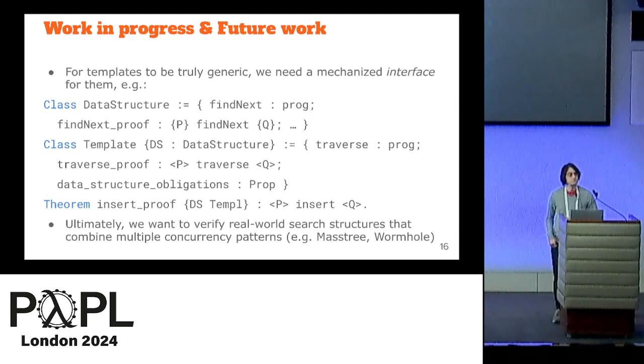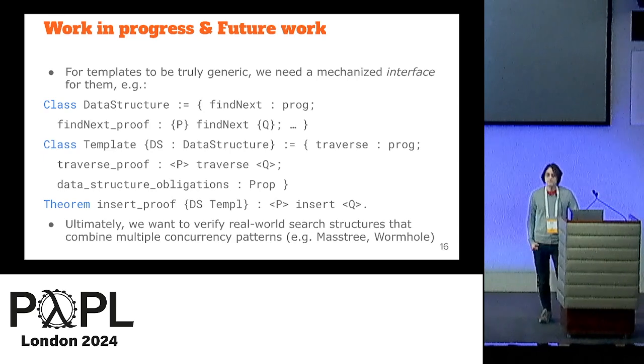Other questions? Andrew Appel from Princeton. One kind of tree maintenance operation you didn't mention is in balanced binary search trees and other balanced tree data structures, rotations. Are rotations going to be messy?